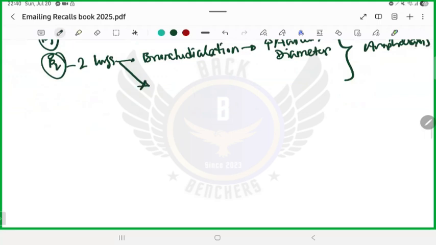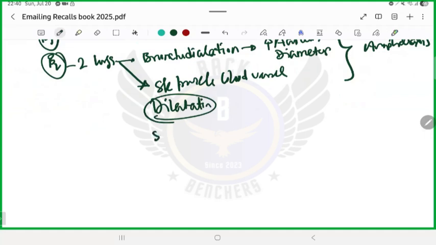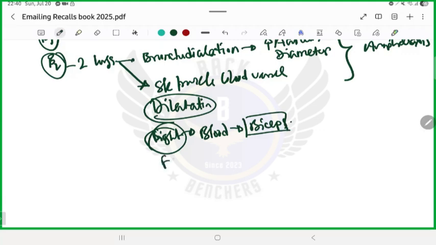And of course, it also causes skeletal muscle blood vessel dilatation. Why? Because the sympathetic system is fight or flight. For fighting, we need blood supply in our biceps, right? And for flight, to take a flight, we need to jump, right?